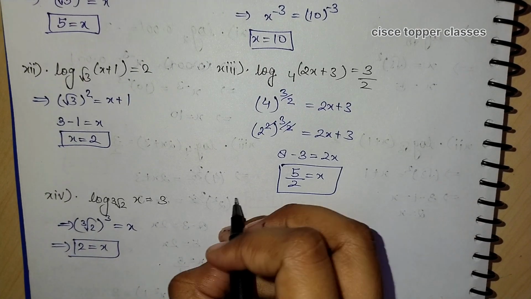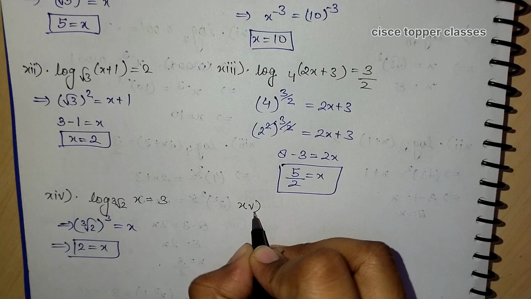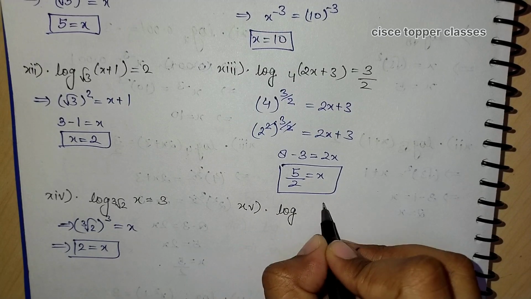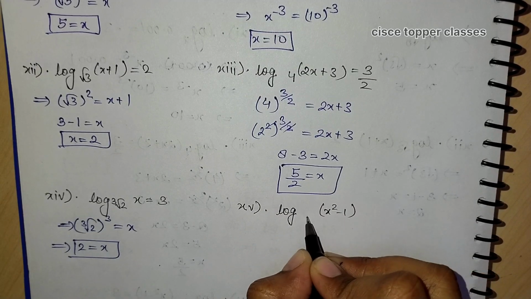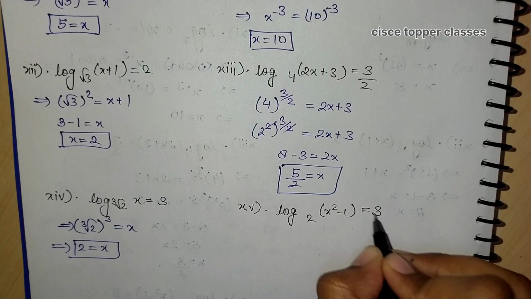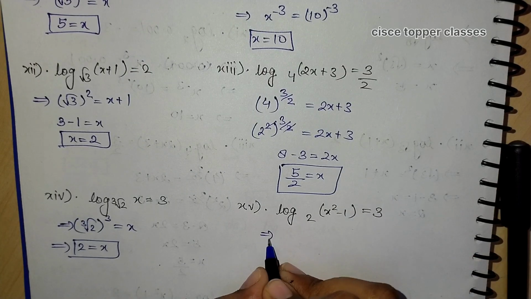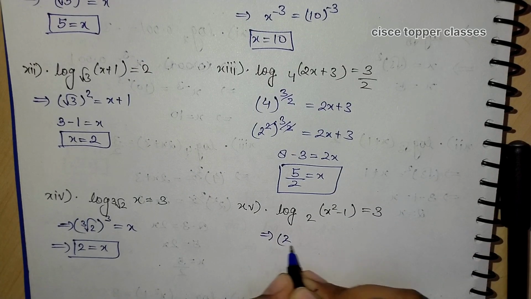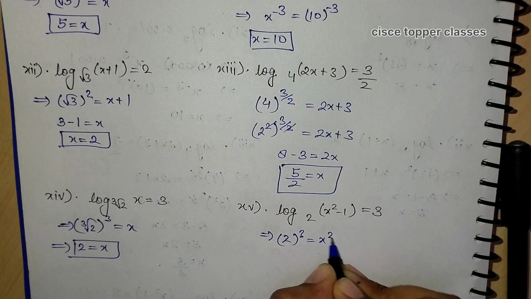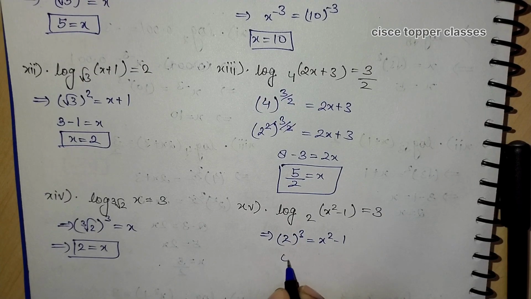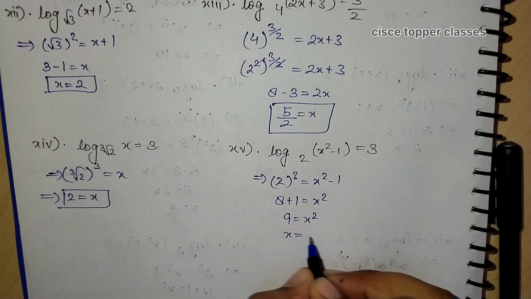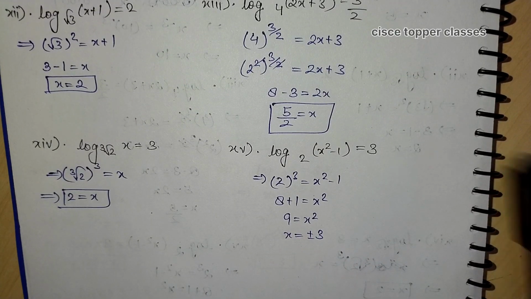Now the 15th part from here is log of x square minus 1 with base 2 equal to 3. We can write this part as 2 to the power 3 equal to x square minus 1, and it will be 8 plus 1 equal to x square, and 9 is equal to x square from here. So x will be plus minus 3.